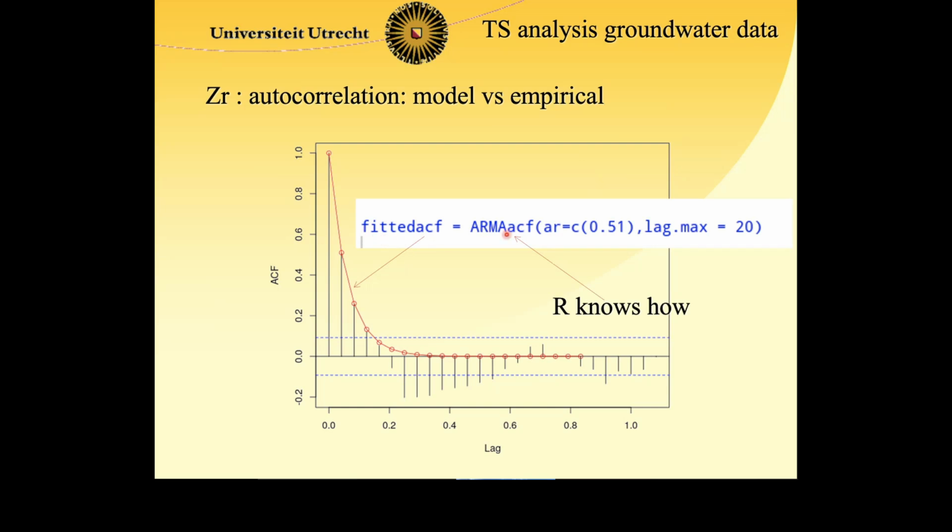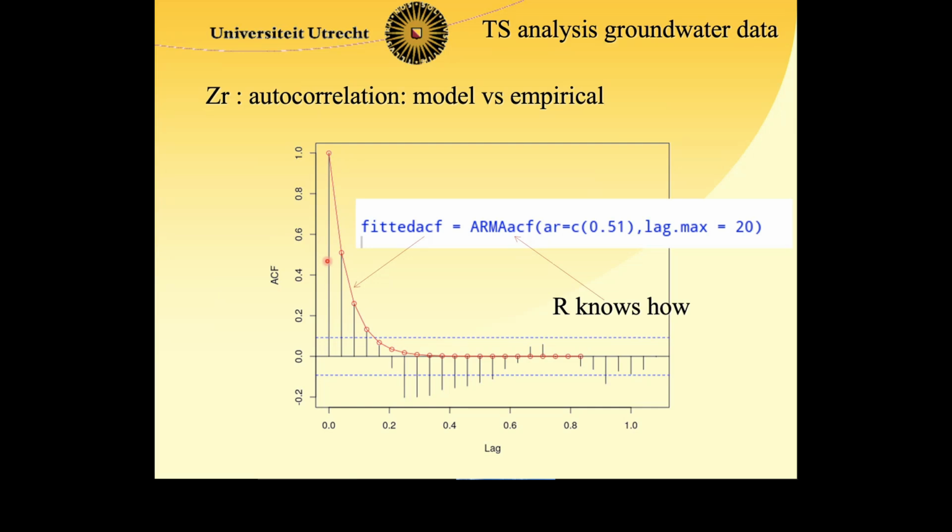We already saw that you can get a fitted autocorrelation function by saying fitted ACF, AR is 0.501, and then the maximum lag in this case is 20 time steps. So that's the red one here. So this is how you do it.